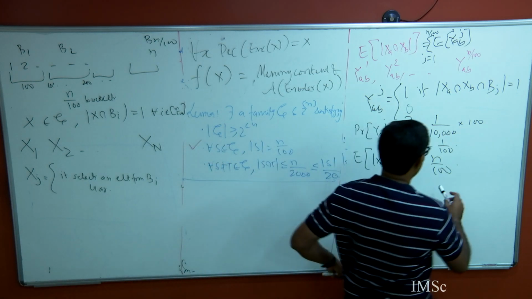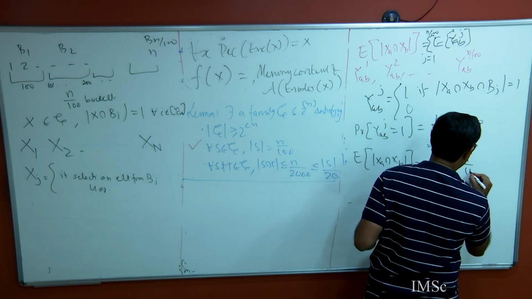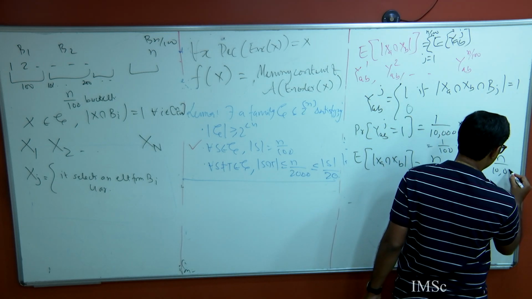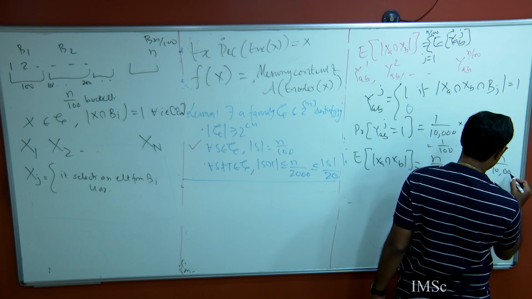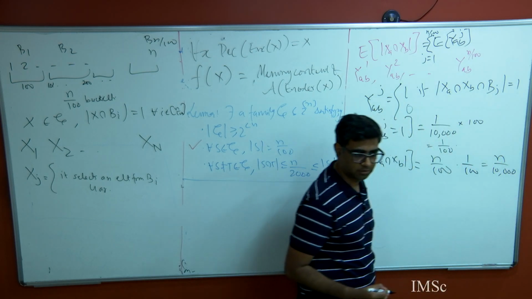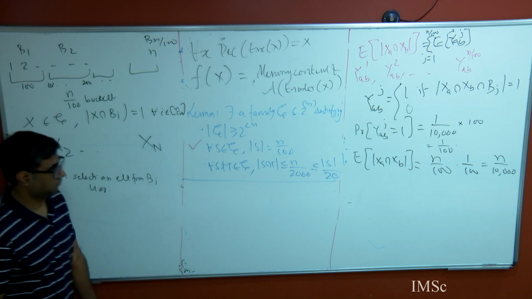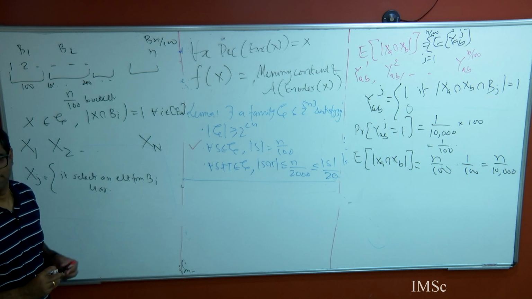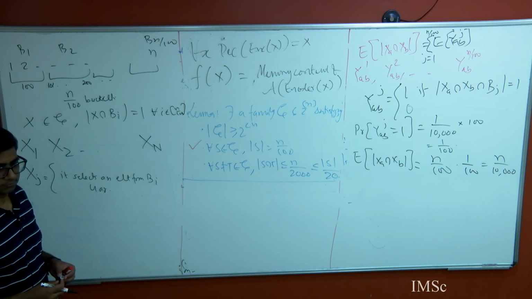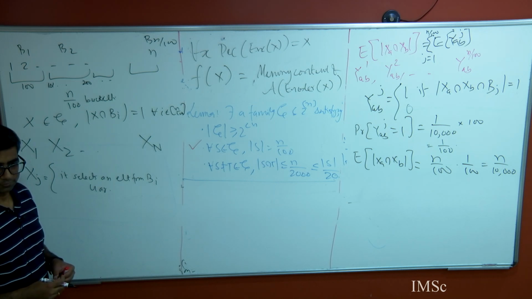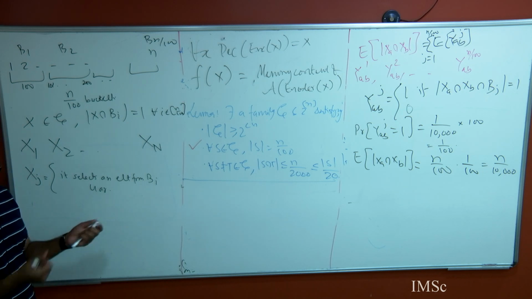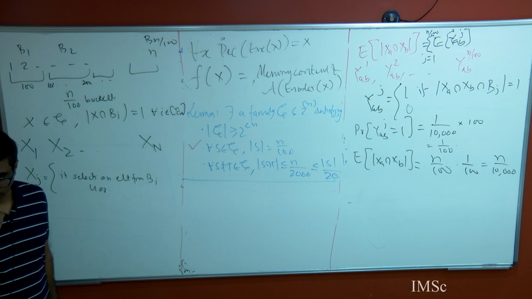No, it's not n by 100, it's n by 100 times 1 by 100, which is n by 10,000. Yes, it is n by 10,000. Okay, fine. So the pairwise intersection is this.